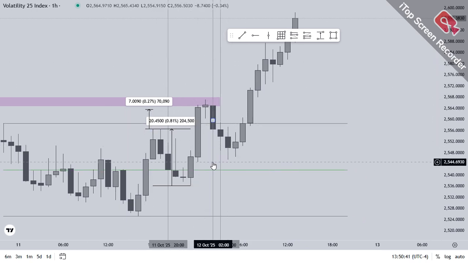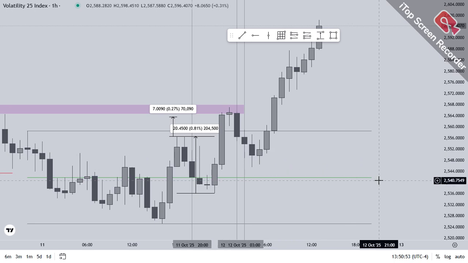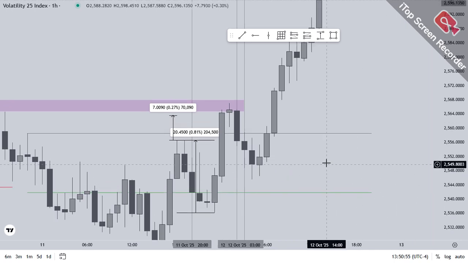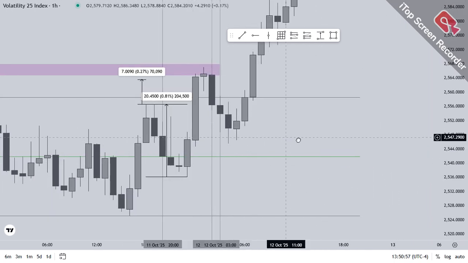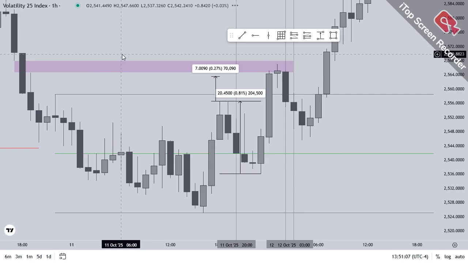I did not take this because I wasn't on the chart, but when I came into the chart, I saw a clearer price action, which enabled me to take a buy from here. I think that came from the 15-minute time frame.